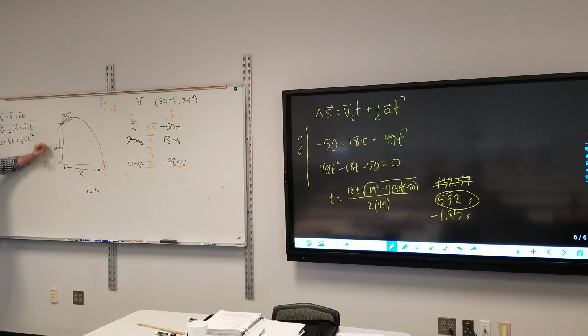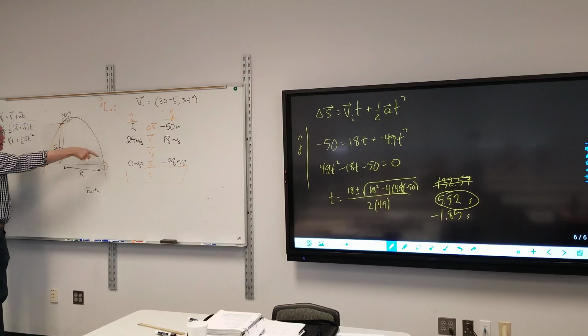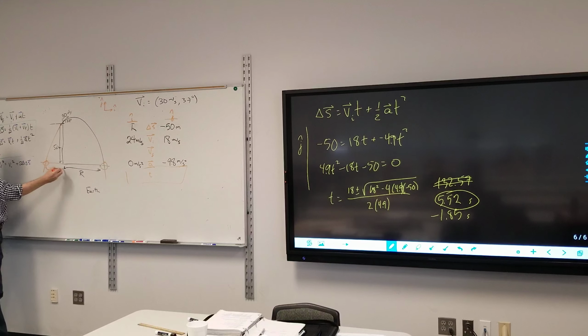All it knows is that when it is 50 meters above the origin, on the way up, it's going 30 meters per second at a 37-degree angle. So this is what the math is solving. So I know that this is being thrown up, my parabola, this is going to be shorter than this will be. So that's how I knew the positive time would be larger than the absolute value of the negative time.